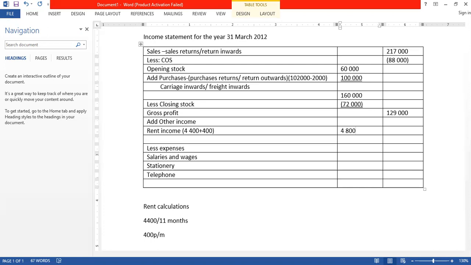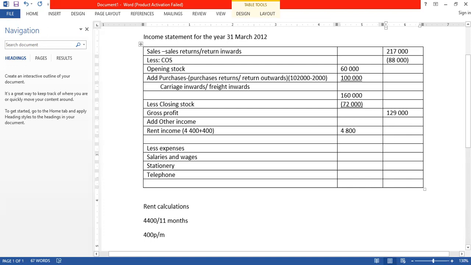So we check. Do we have any other income? I think those were the only incomes that we have. So you record the amount and add other income.